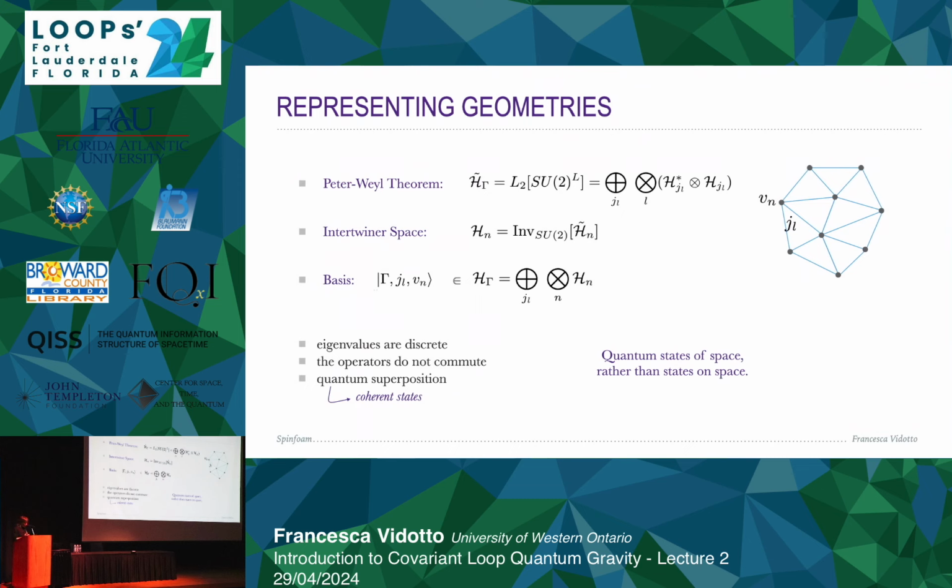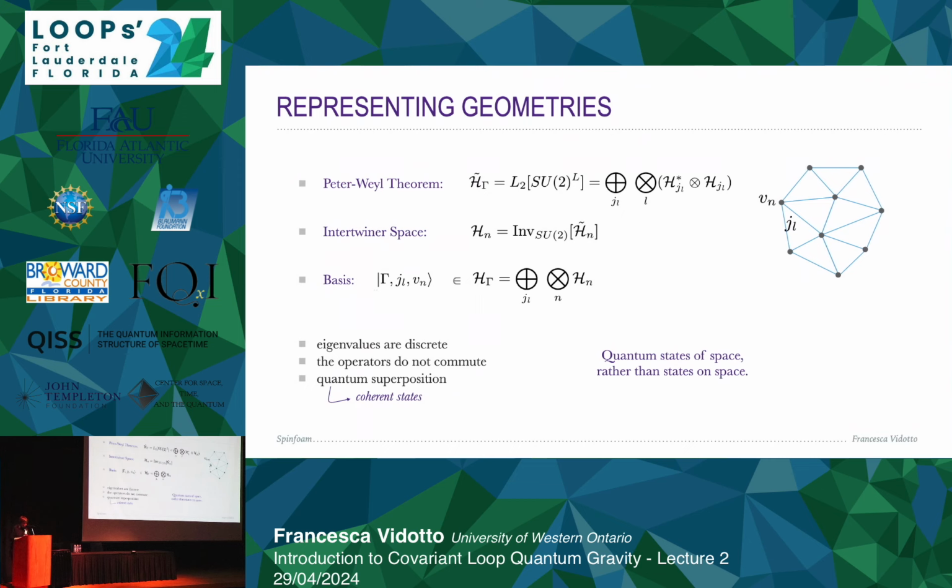Then I have to tell the representations of SU2 that are associated with the links, and then I have to select the particular intertwiner that I am picking up. In three dimensions, in one dimension less, the intertwiner is completely defined. In this case, you have to tell which one. So these are the quantum numbers, the spins and the intertwiners, that label my states.